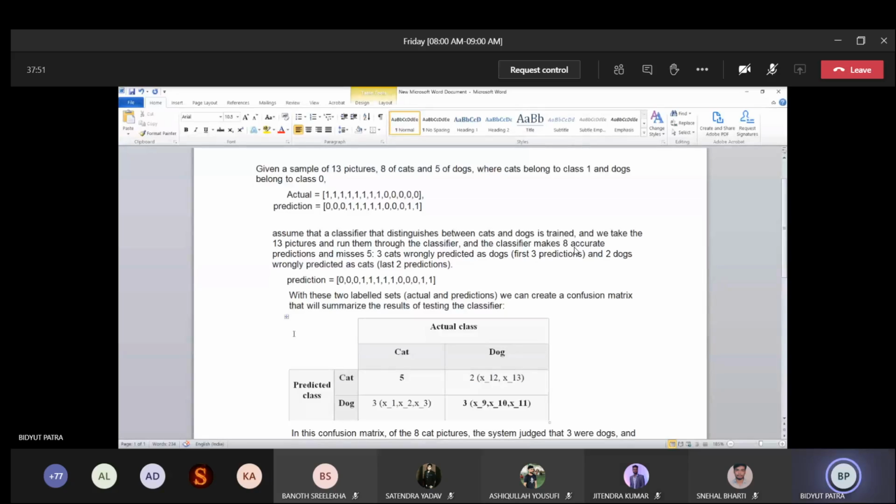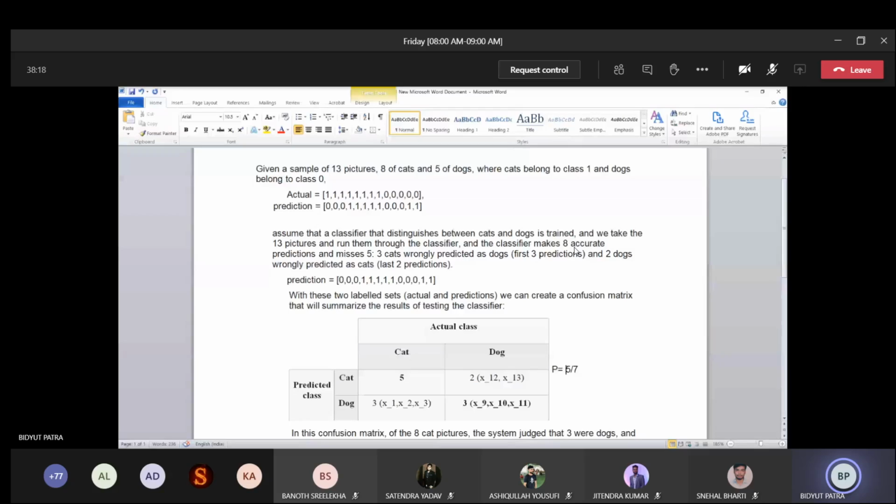What will be the precision? 5 by 7. Precision will be this row, 5 upon 7, where 5 is the positive class. So this is precision. P equal to 5 by 7.